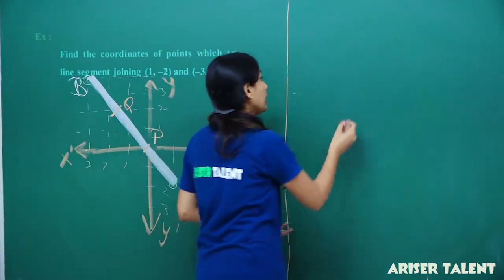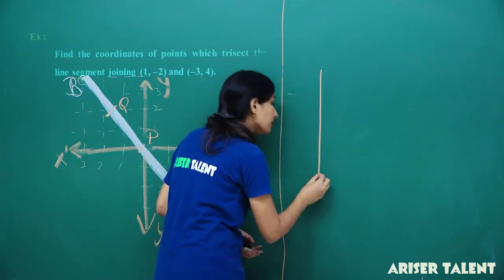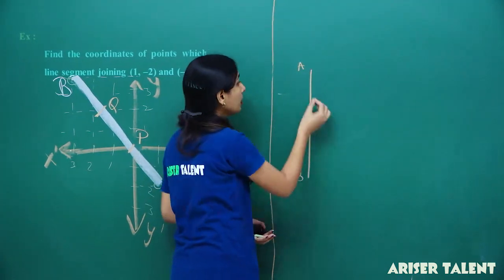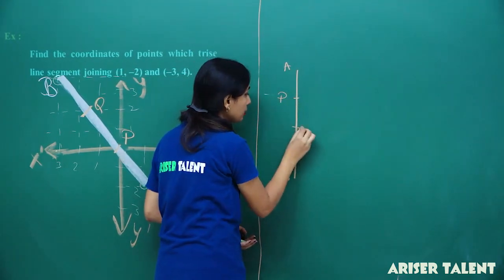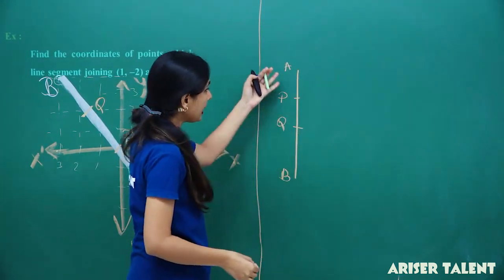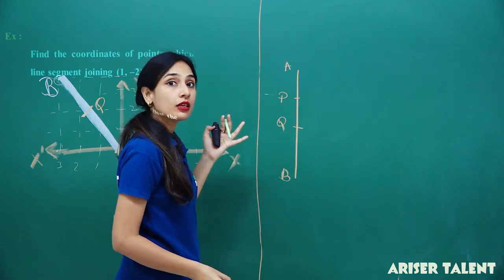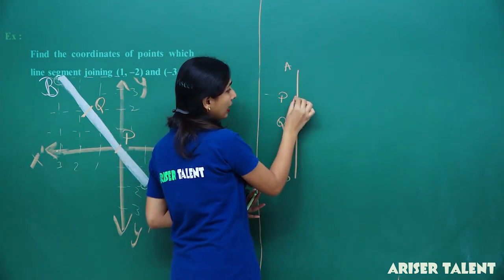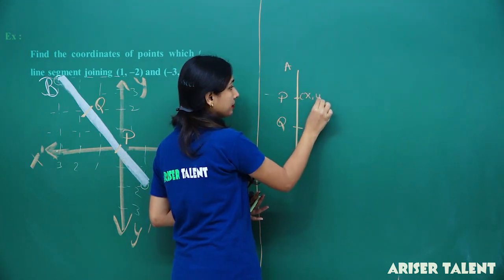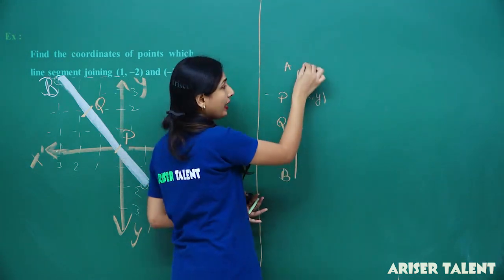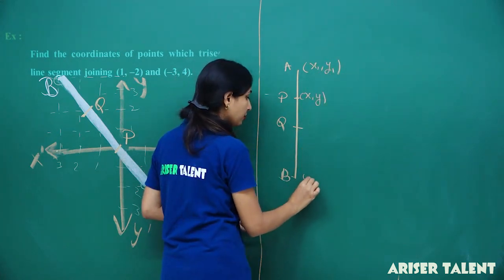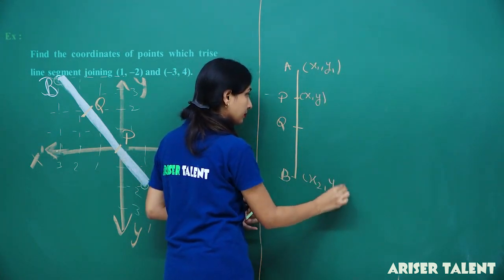Now this is a line, students, that is AB. This is the point P and this is the point Q, such that AP equals PQ equals QB. Now if I talk about lambda, if I have this point (x, y), I am provided with the points (x1, y1) and (x2, y2).